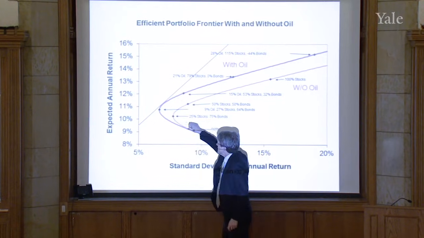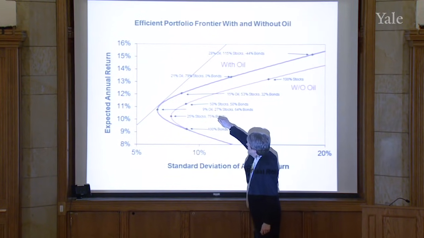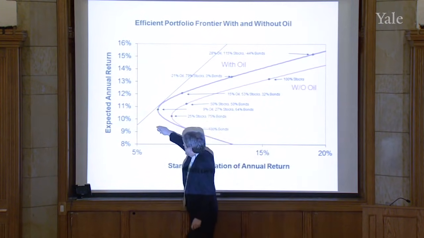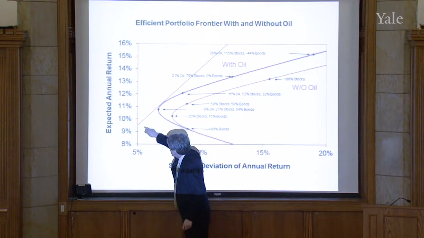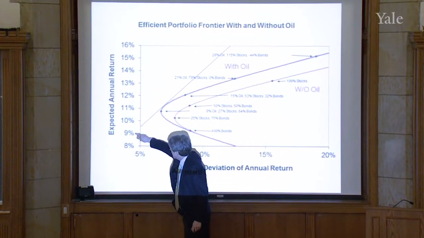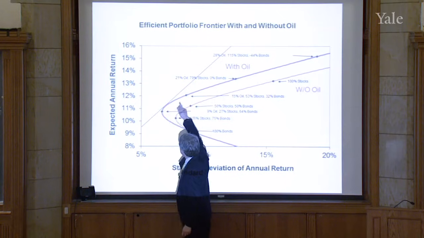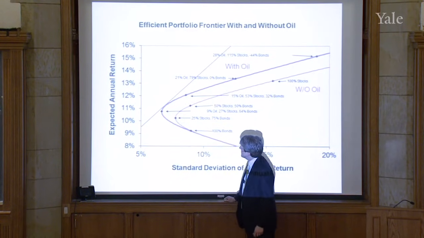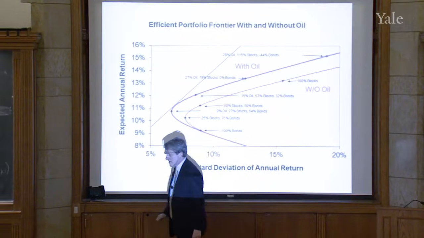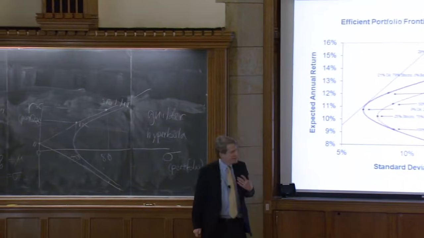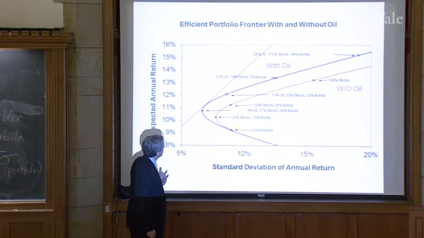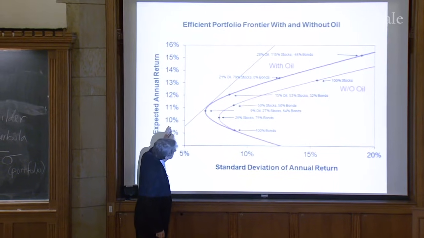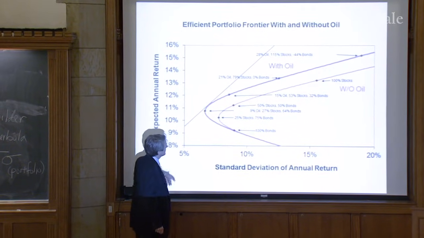And what Markowitz theory shows is that once you add the riskless asset, the relevant efficient portfolio frontier is now really this tangency line. And so I want to do mixtures of the riskless asset and the tangency portfolio that accords with my risk preferences.